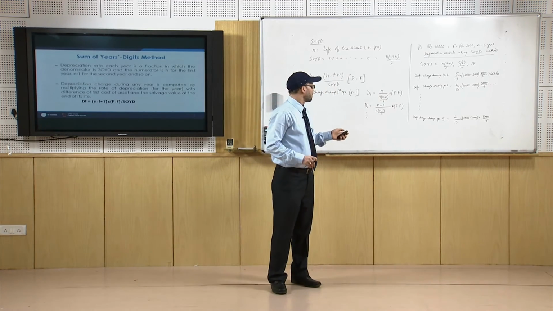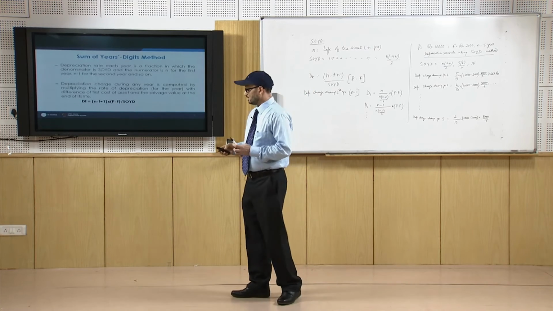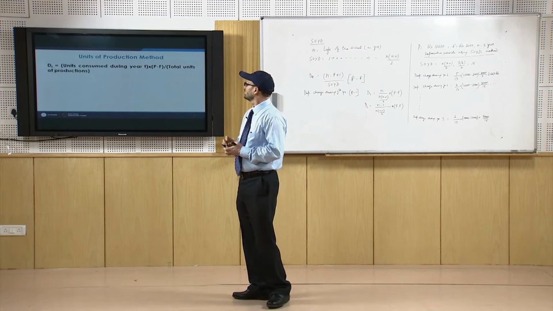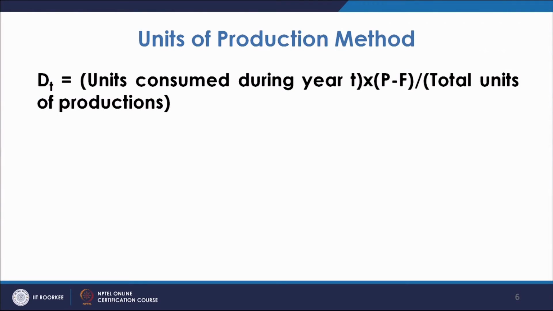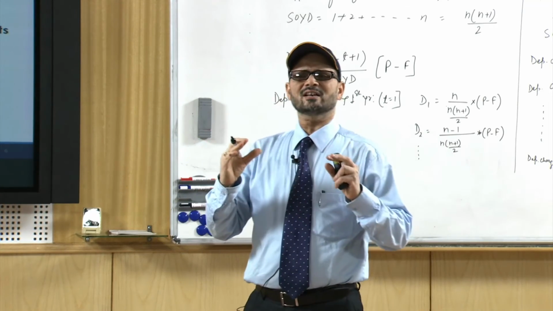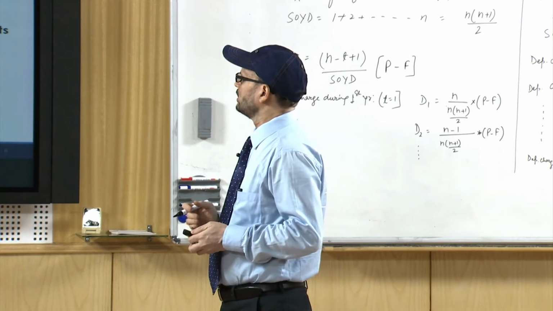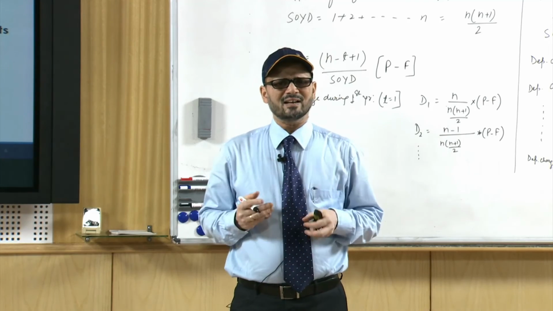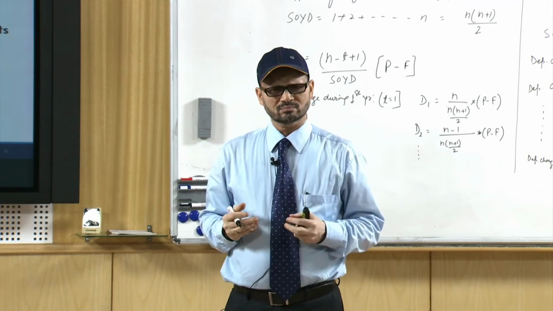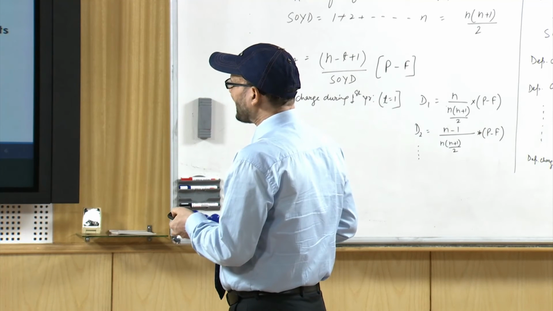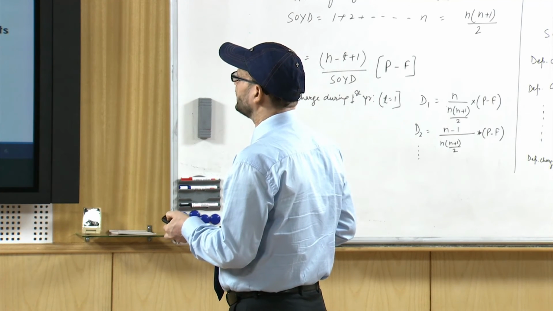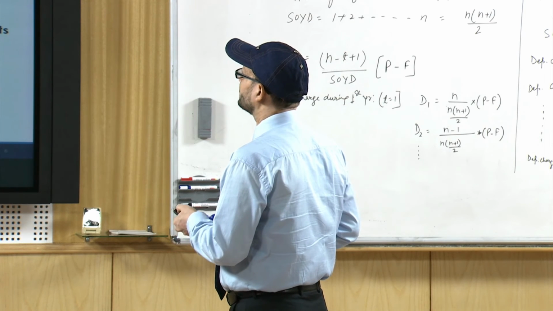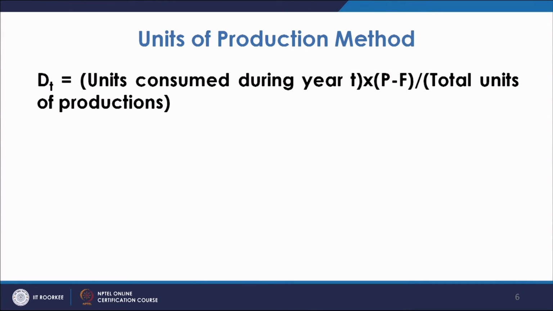We will have other methods of depreciation. The next method of depreciation is the units of production method. Many a times we buy a machine which has a certain capacity to produce, so the depreciation calculated during any year will be based on how much it produces. In that case, the depreciation charge during any year t will be units consumed during year t multiplied by (P minus F) divided by total units of production.